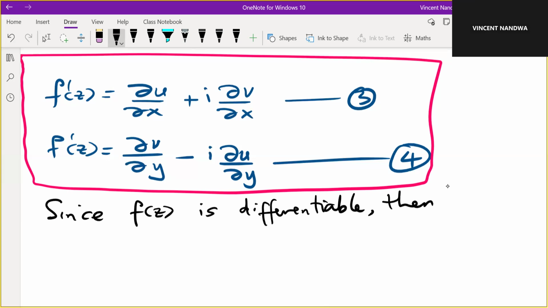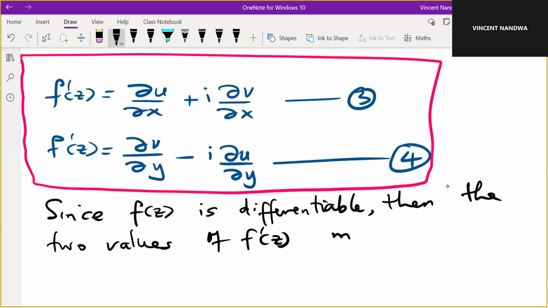I can't hear. And you see that the 3 and 4 are just defining the same thing.